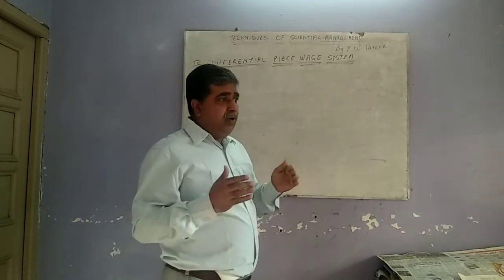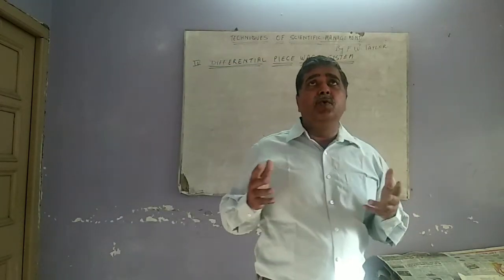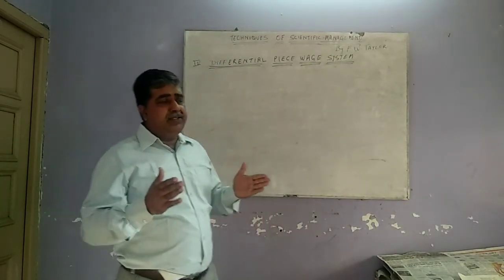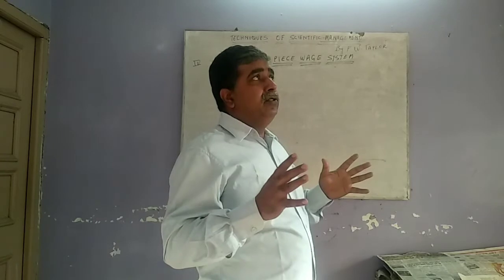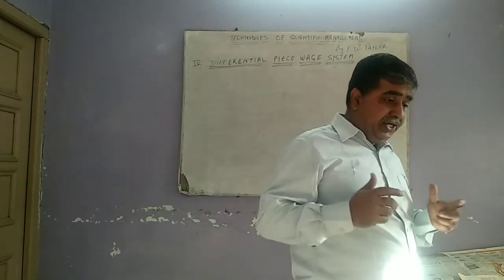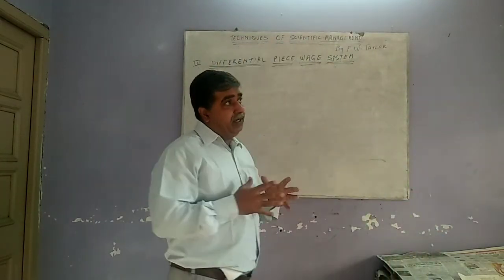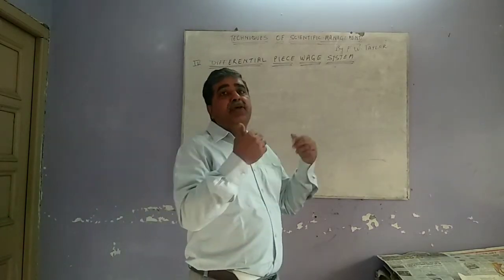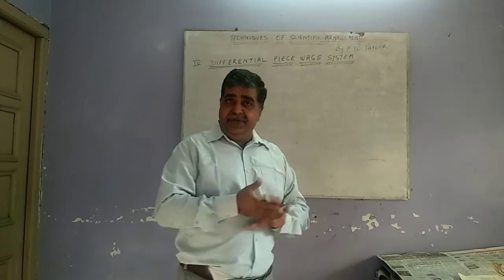Inefficient workers means those who are unable to produce the required standardized quantity in a standardized time. When the inefficient worker will see that efficient workers are getting more wages, they will also be motivated to give their best and to be efficient workers.